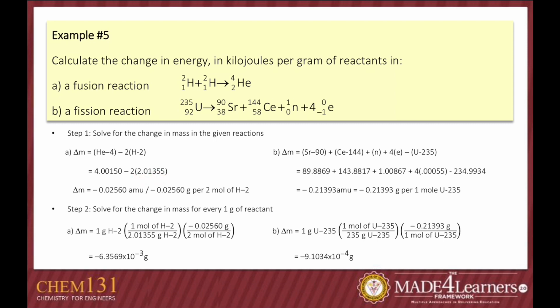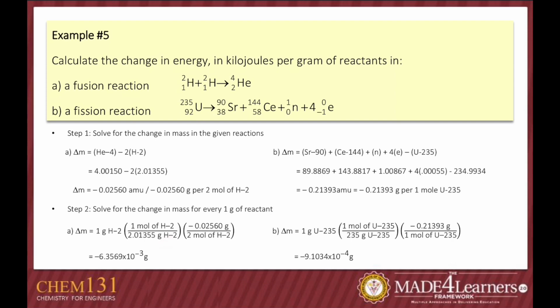There is a change in mass of 0.02560 grams per 2 moles of H2. For every 1 gram of reactant, we know that 1 mole of H2 is equivalent to 2.01355 grams of H2.